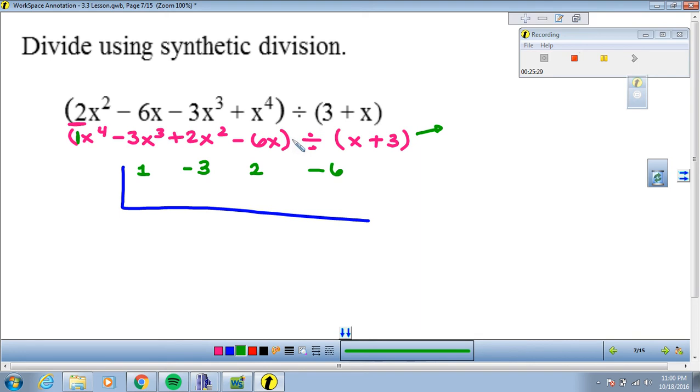There's not a term that is only a number and has no letter next to it. It stops at a term that has an x to the first power. So due to that, you have to put a 0 to represent that missing term that you don't have, that constant. So now I go to this part, x plus 3 equals 0, minus 3, x equals negative 3.